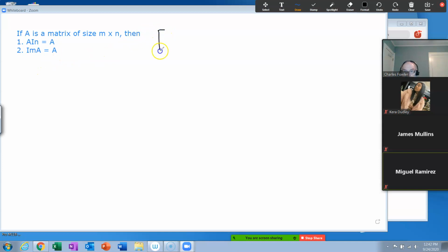Here's the A part. 3, negative 2, 4, 0, negative 1, 1. Now if you're going to multiply that by an identity matrix, what size would it have to be?